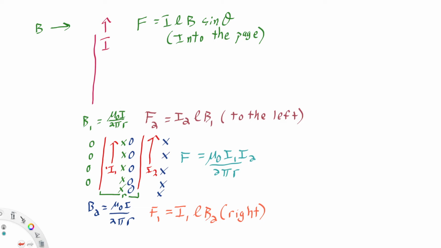If you have two wires parallel to each other and they're close enough to feel these B fields, if the currents are going in the same direction, these wires are going to be attracted to each other because of the B field that they create. If they're going in opposite directions, they will be repulsed from each other due to the B field they create.